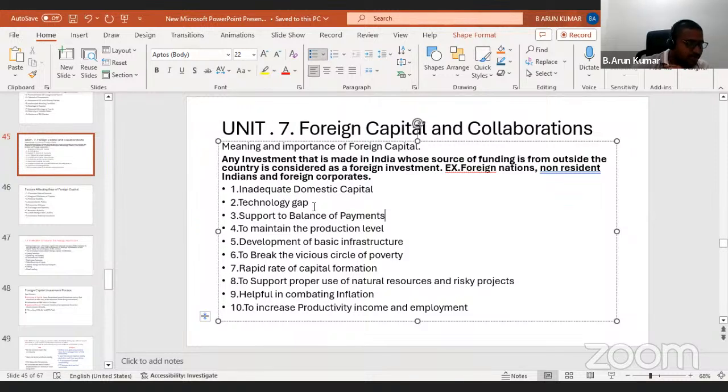Balance of payments means, apart from capital investment, the economic development process requires huge imports of capital goods, technical know-how, and raw materials. These imports lead to heavy foreign exchange commitments, leading to adverse balance of payments situations. So if our country is doing business with the USA, China, or other foreign nations, they accept funds like US dollars.